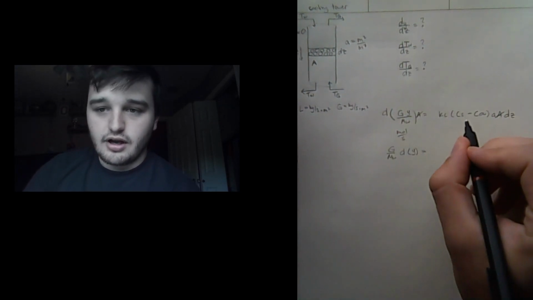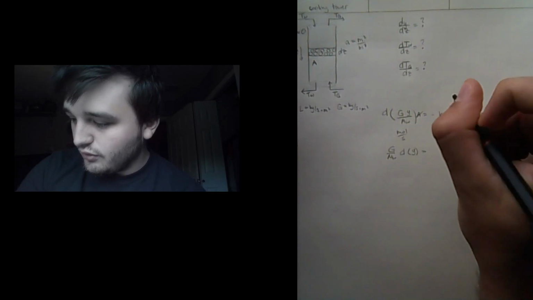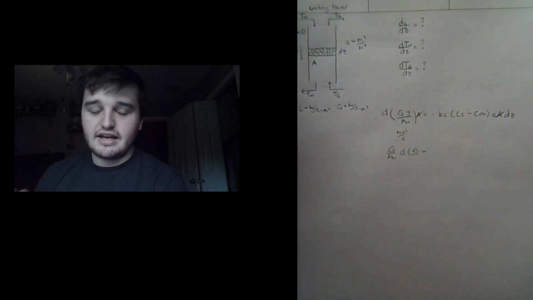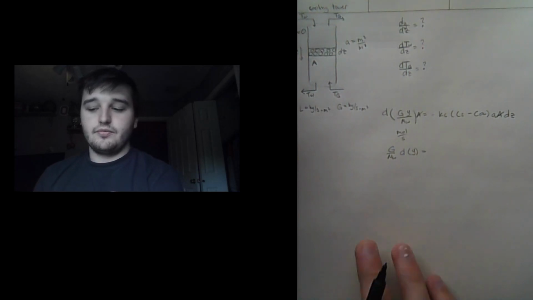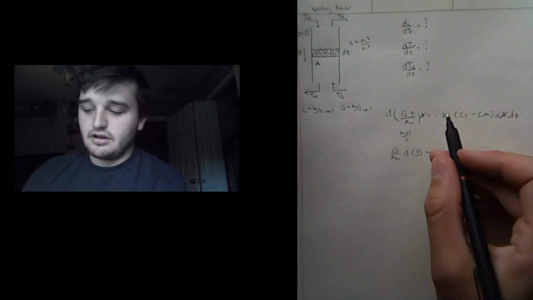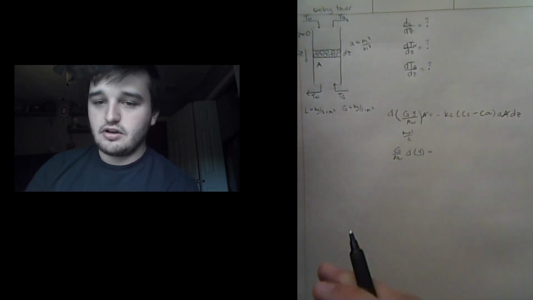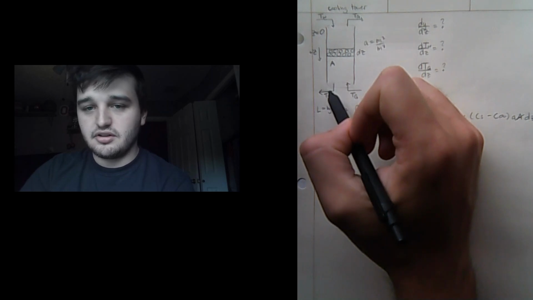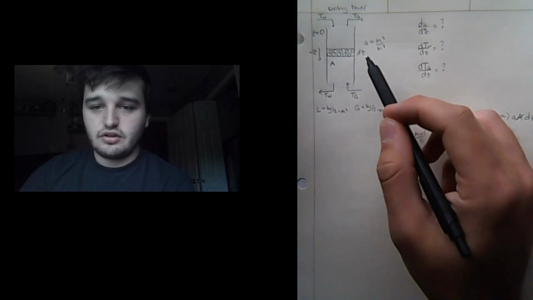Oh, I also forgot that we need to remember that air is flowing up through the column, which is in the negative z direction, so we have to make sure that the mass transfer is negative. Since we described positive z as going down the column, negative z must be going up the column.